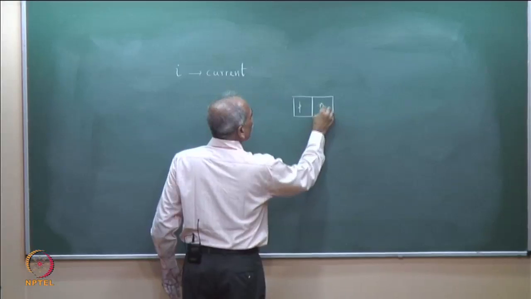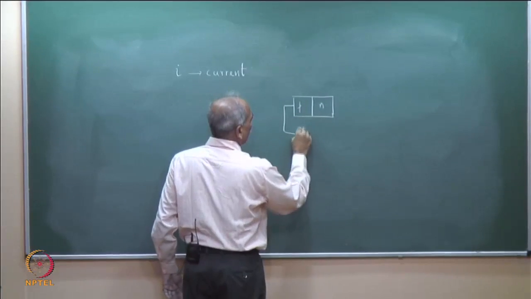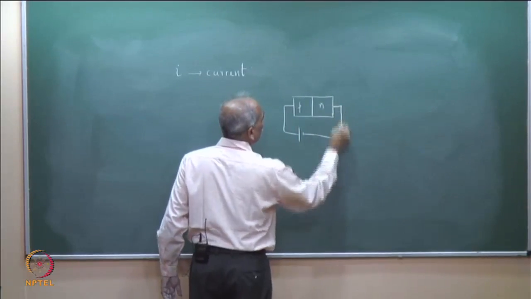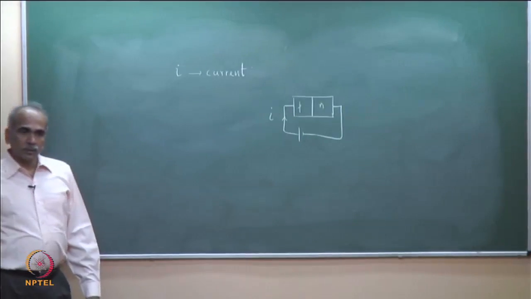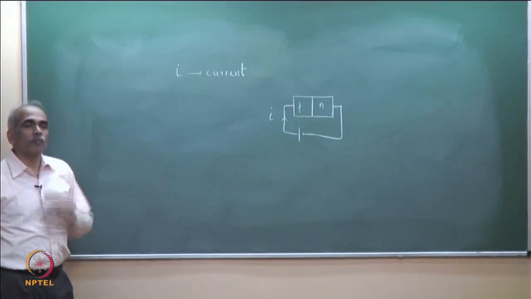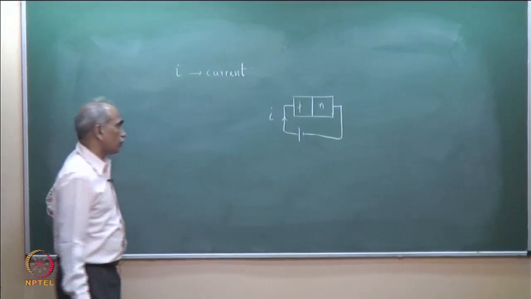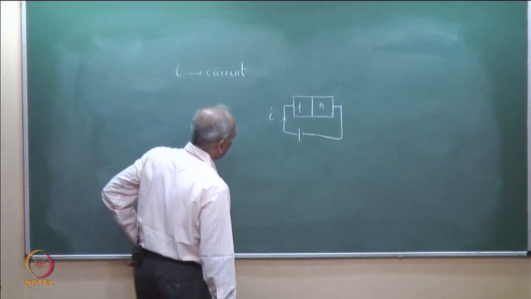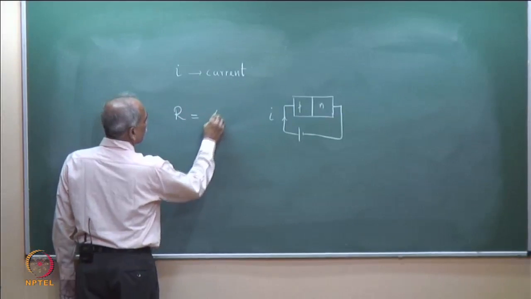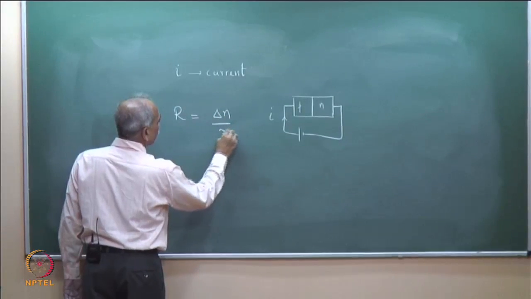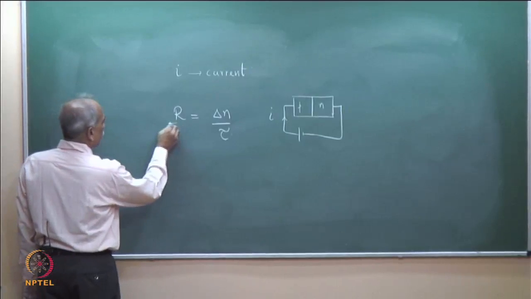We use PN because it is very easy to inject current. So, a forward biased PN junction current. There is a current I which flows through the diode. What is the power generated? R is equal to delta n into tau. What is R?